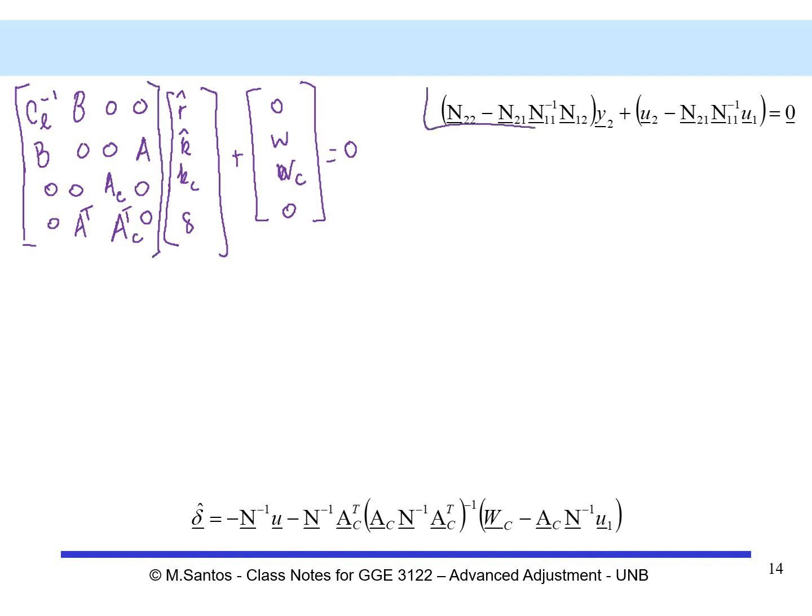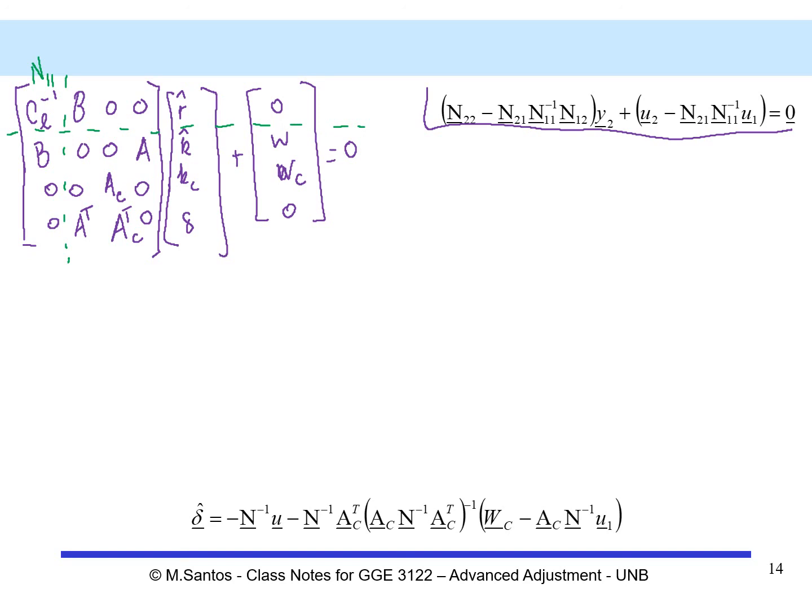And here we have handy the equation for parameter elimination by partitioning. What we are going to do is eliminate the parameters in steps. We first start by eliminating R. That's the only parameter that we can eliminate right now, because this matrix N11 must be regular.